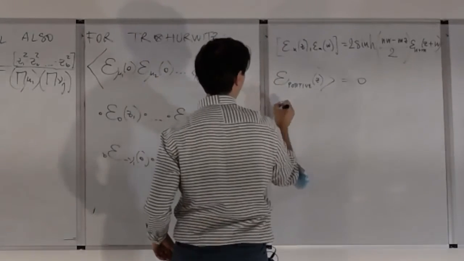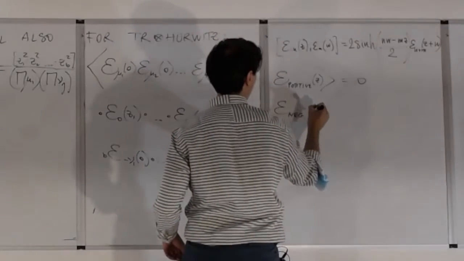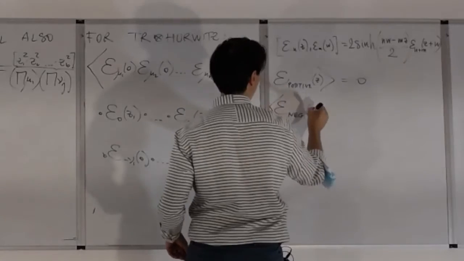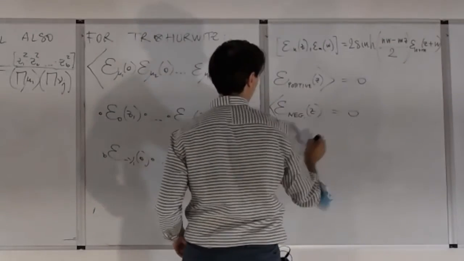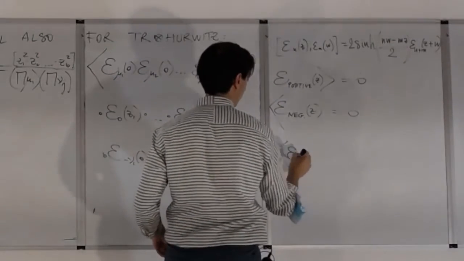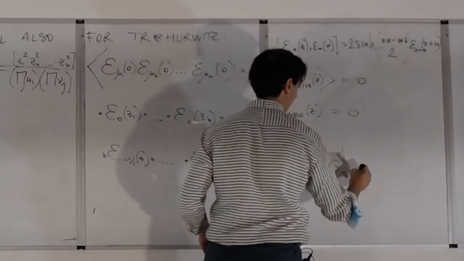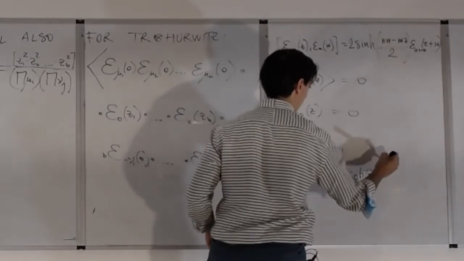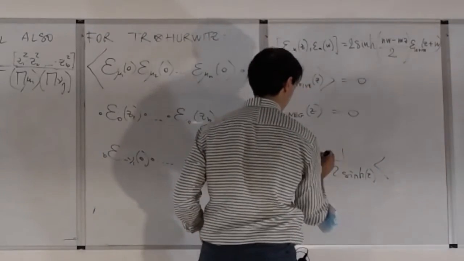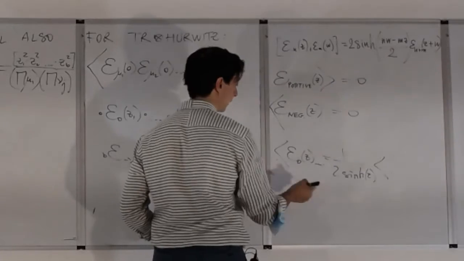And every time you have E of something negative, acting on the left vacuum, this is 0. And every time you have E_0, that's equal to 1 over 2 hyperbolic sine of z. And the same is true in the other direction.